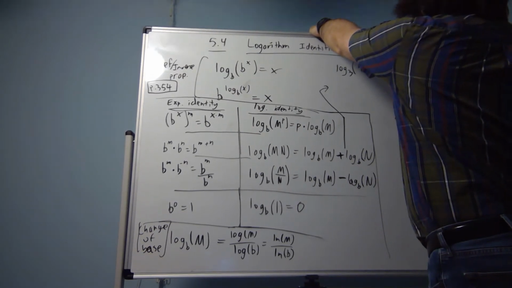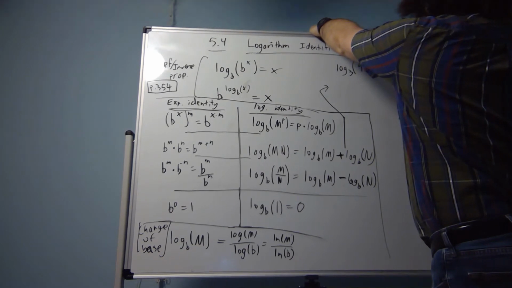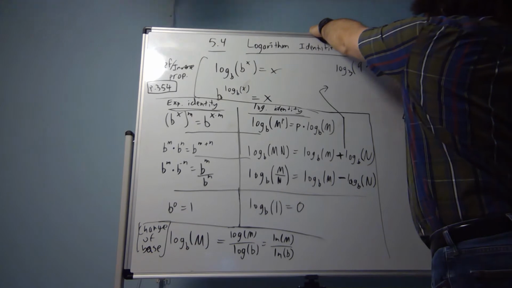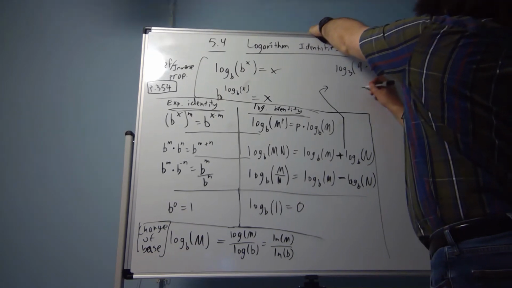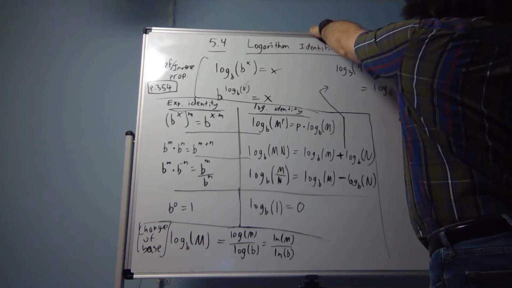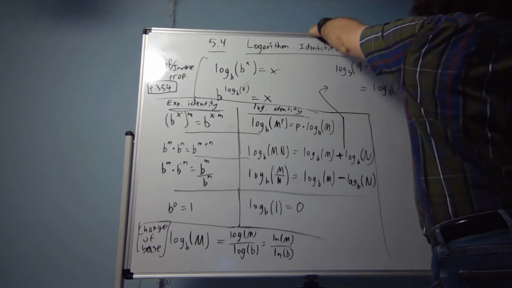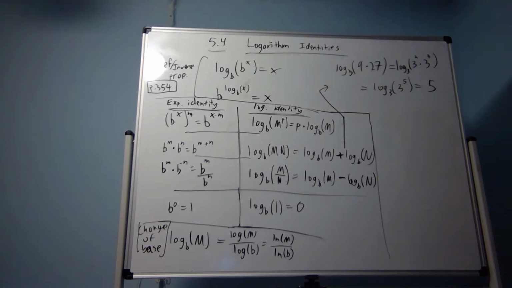I'm a lot more comfortable with exponents. So that's 3 squared, and that's 3 to the third. And this is completely correct. This is 3 to the fifth. Log base 3 of 3 to the fifth is 5.